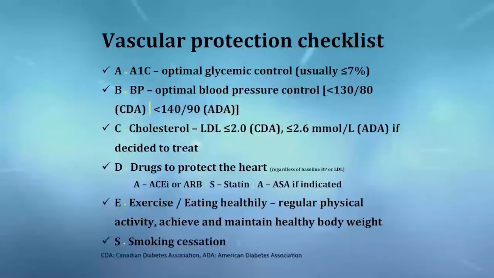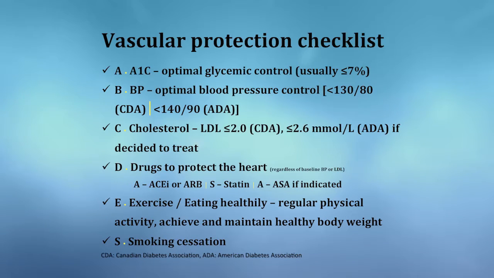So what is the vascular protection checklist? First, check your hemoglobin A1C. You need to keep it around 7 or less. Blood pressure control: you need to keep the blood pressure below 130/80.